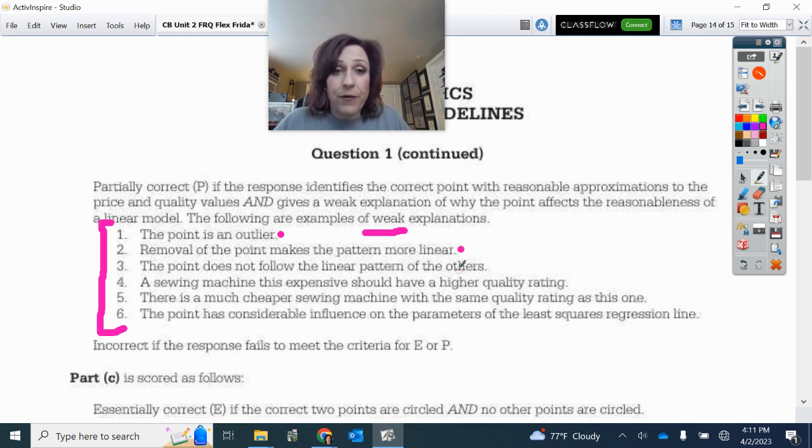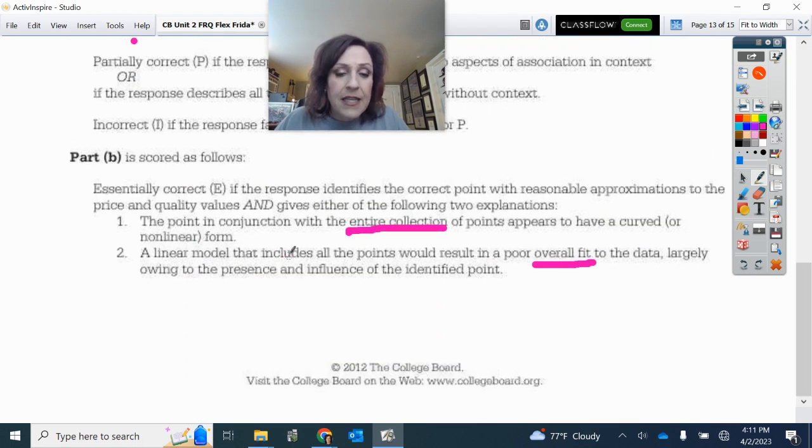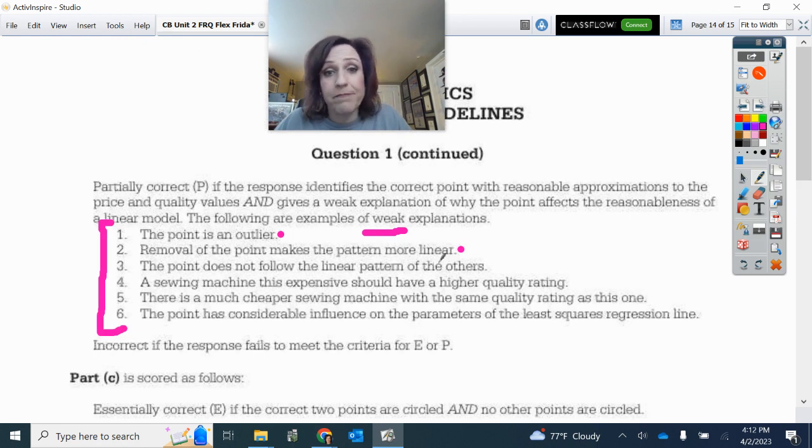That's a toughie right there. How is that different from saying the linear model that includes all the points would be a poor overall fit because of the influence of that point? Why those are different, I don't know exactly, but there you go.